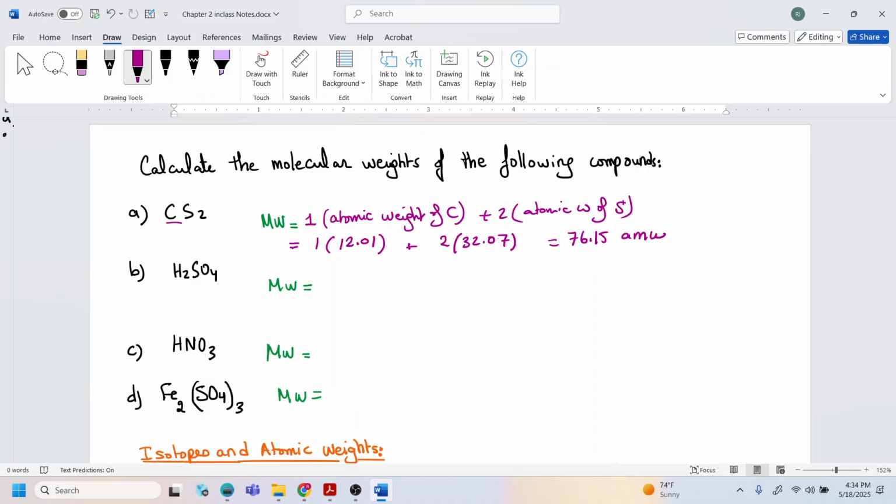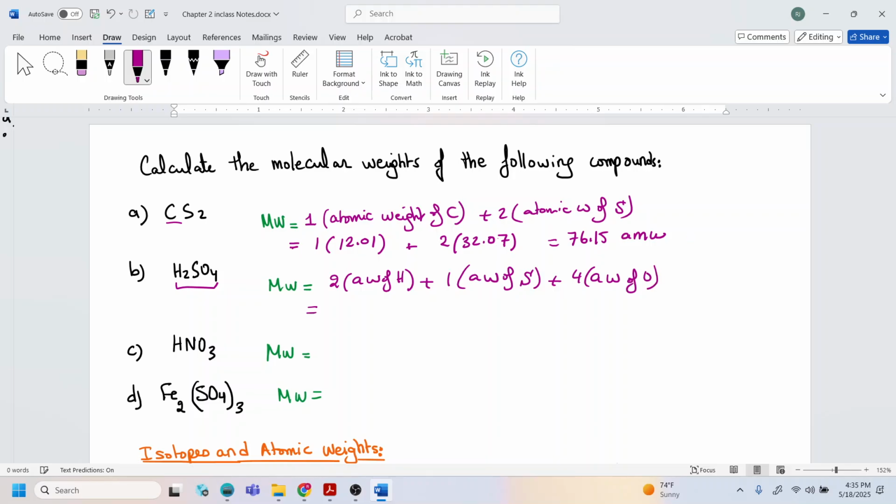H2SO4. So H2SO4 is made up of more elements in there. It's made up of 2 hydrogens, 1 sulfur, and 4 oxygens. So the molecular weight is 2 multiplied by the atomic weight, I'm just going to use abbreviation here, of hydrogen, plus 1 multiplied by the atomic weight of sulfur, plus 4 multiplied by the atomic weight of oxygen.